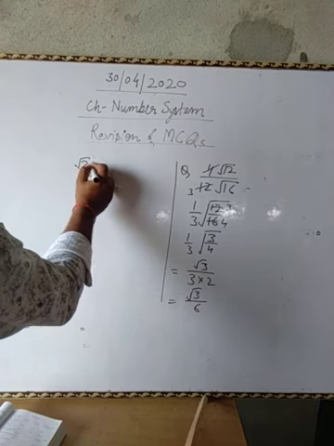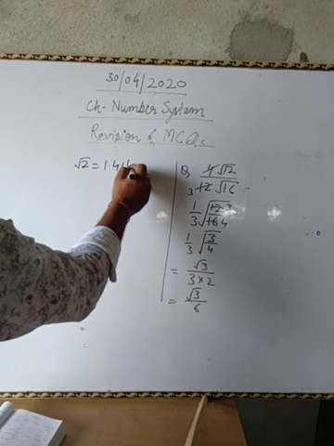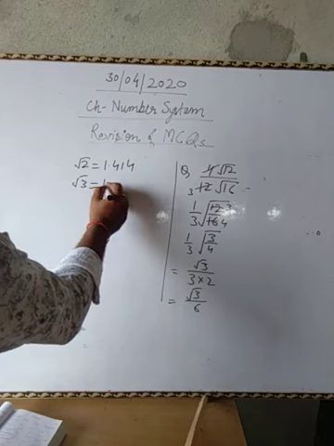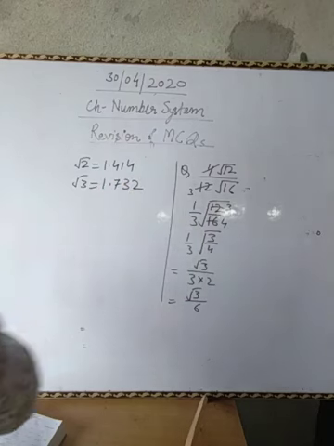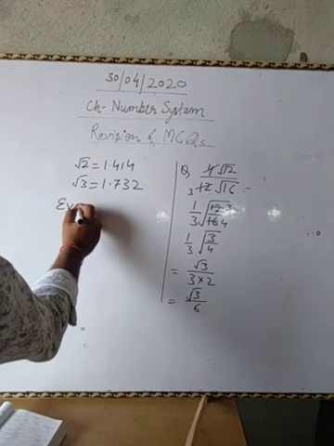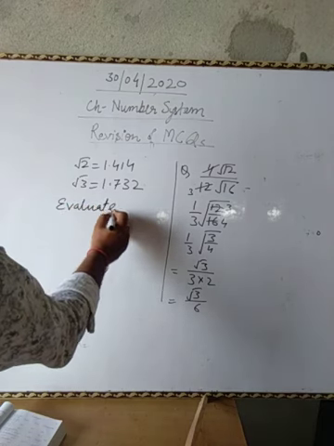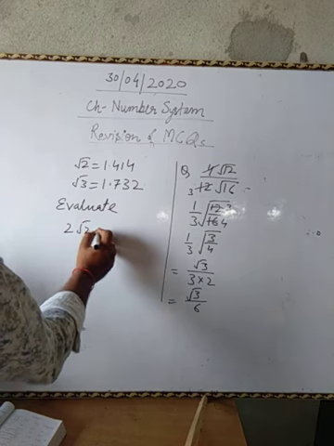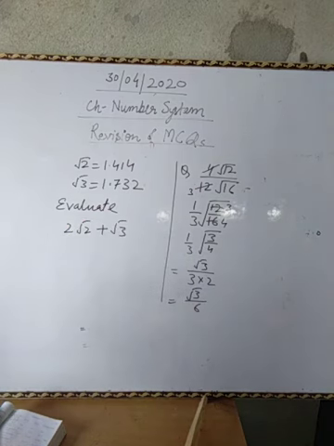As we know, root 2 equals 1.414, root 3 equals 1.732. Need to evaluate 2 root 2 plus root 3.